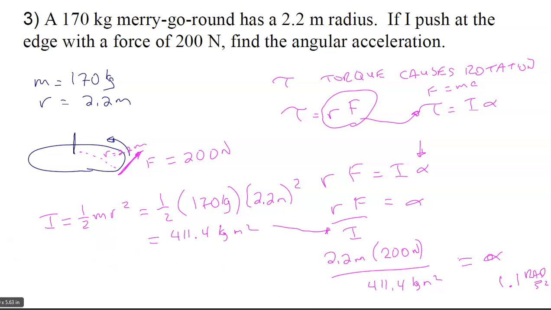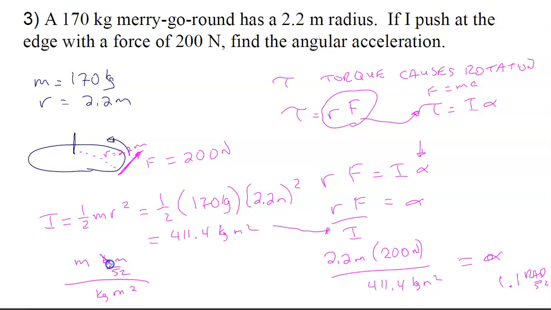If you want to see the gory details of that, I've got meters and newtons on top. I got kilogram meter squared on the bottom. So this is what happens with that. The newton is actually a kilogram meter per second squared. And then on the bottom, I've got a kilogram meter squared.